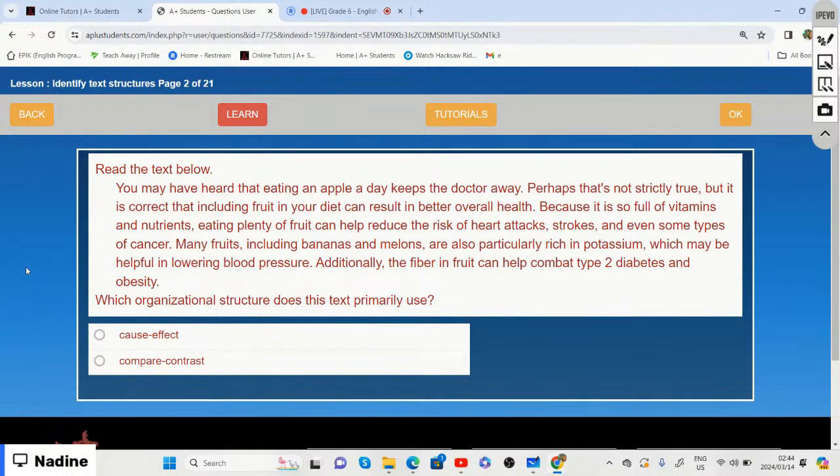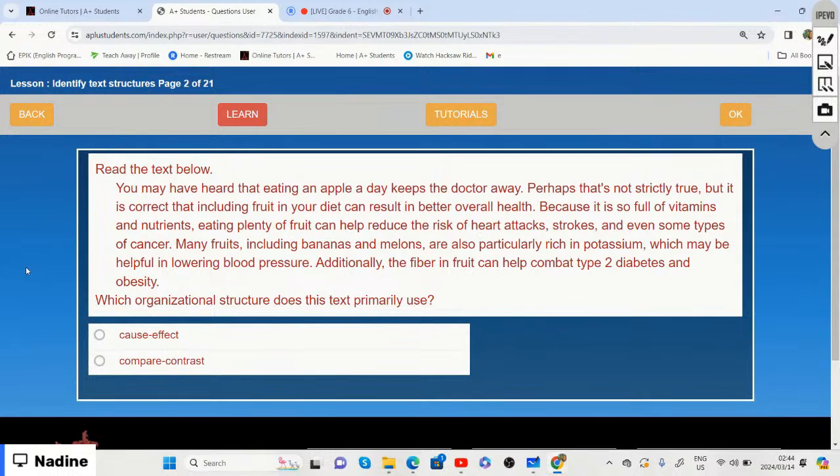All right, so it says, you may have heard that eating an apple a day keeps the doctor away. Perhaps that's not strictly true, but it is correct that including a fruit in your diet can result in better overall health because it is so full of vitamins and nutrients.